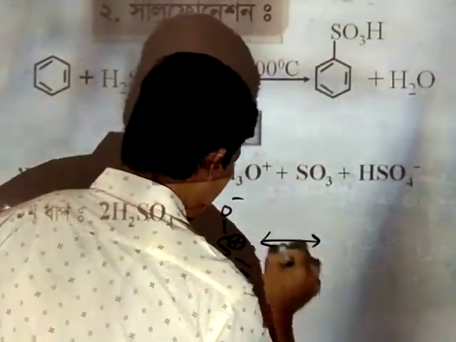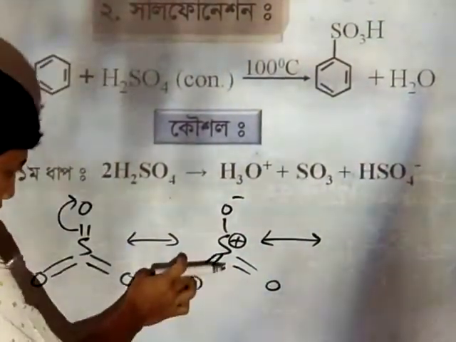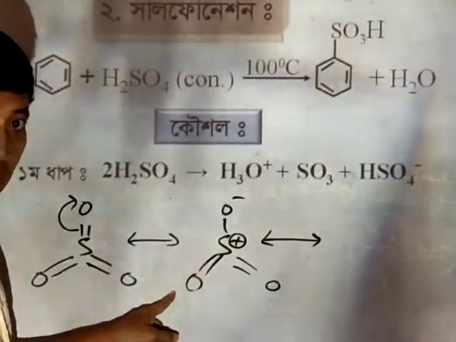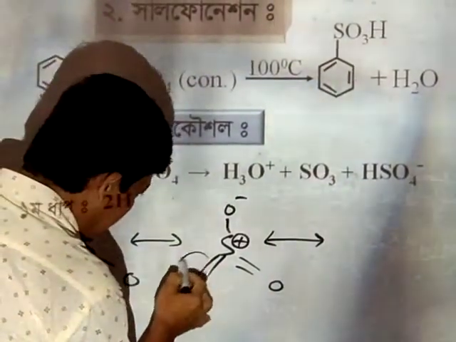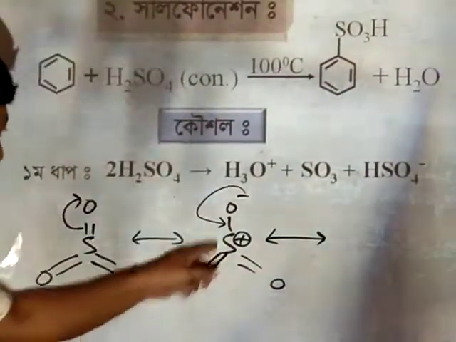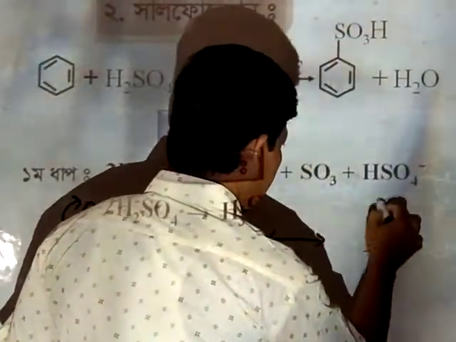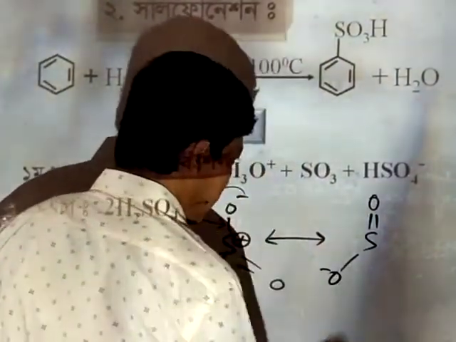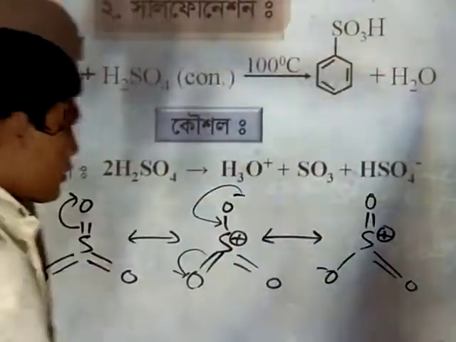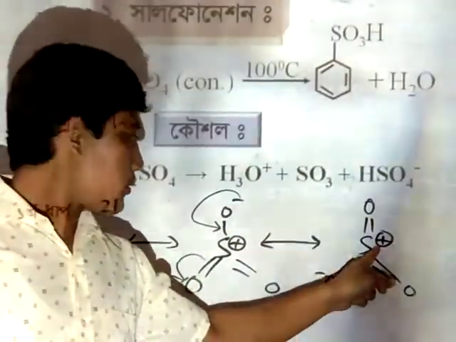And in the second structure, we can show that here the other oxygen atom will also attract the pi bond to itself, and this negative ion comes here and creates a pi bond. So you can see the negative charge on oxygen here, and in this resonance structure also a positive charge on sulfur.